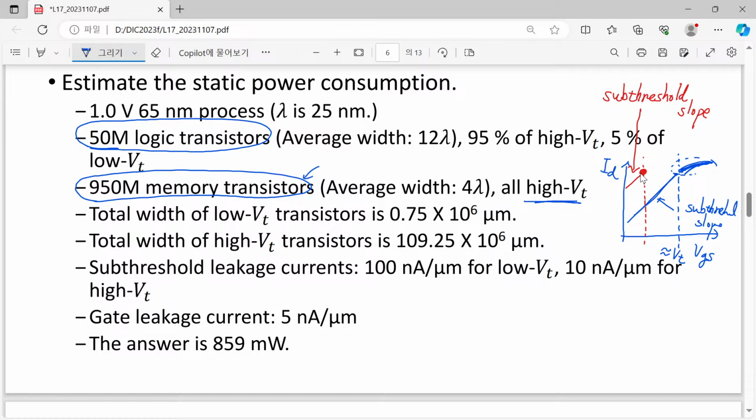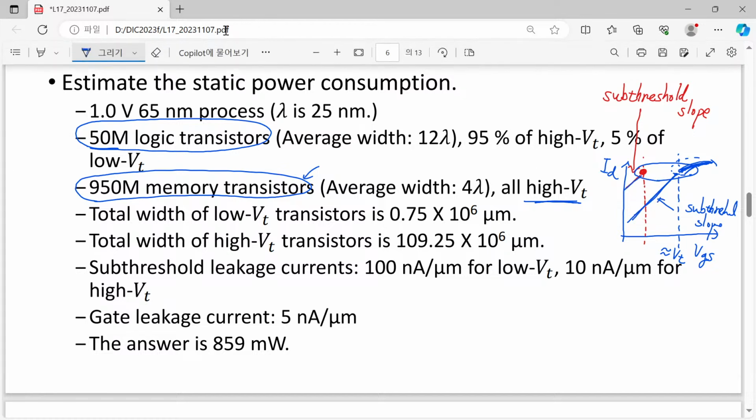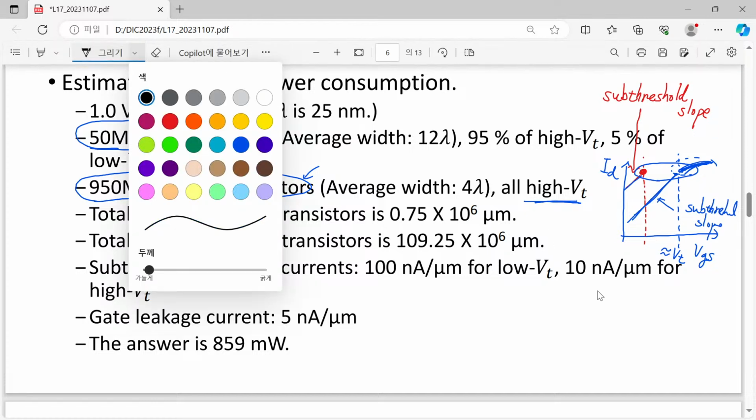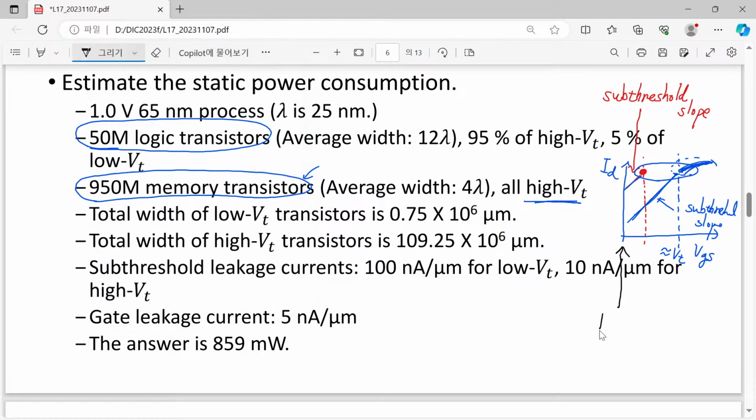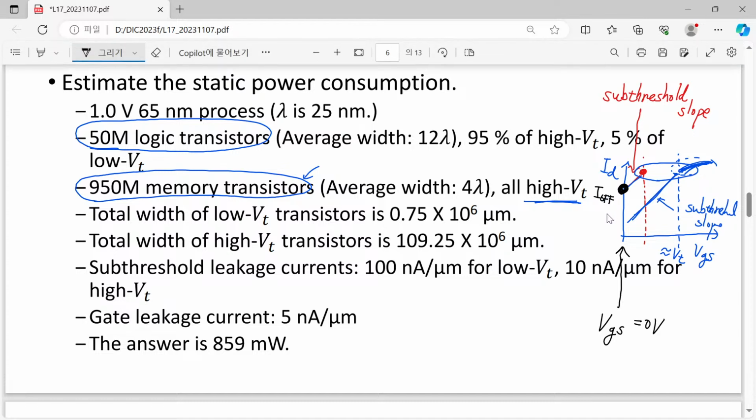Then what will happen? Starting from a similar level of current and decreasing at the same slope, when we measure the current at 0 gate-to-source voltage, you can see that for the low VT transistor you have quite high I-off current. And when you have a relatively high threshold voltage, your off current will be quite low.